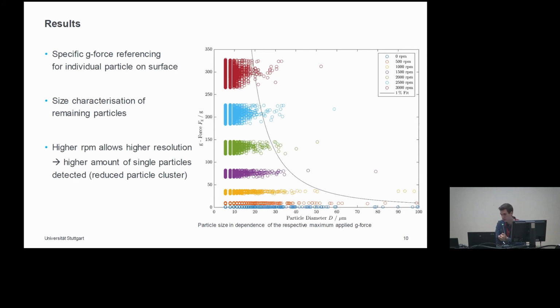Here, the g-force to particle diameter relation is illustrated with the black line. You can see that with higher g-forces, we count more particles. This is because at the beginning there are particle clumps where particles stick together, which fall apart at higher RPMs, where our accuracy also increases because we can more easily detect the individual particles.